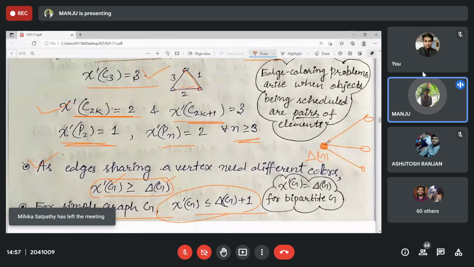If you take multi-edges, it will be different and may be more than this, but for a simple graph it will be delta G plus 1 at maximum. For any graph it is at least delta of G. For a bipartite graph it will be equal to delta of G. That you can check for any bipartite graph.